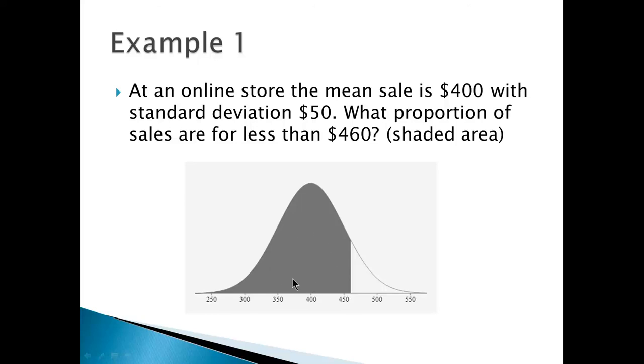And we're asking ourselves, okay, what proportion of all sales are in here? What proportion of the area under the curve is shaded? 460 and less, what fraction of this total area is shaded? It's clearly more than 50%. That makes sense since the average is $400 and we're looking at 460, but what is it exactly?